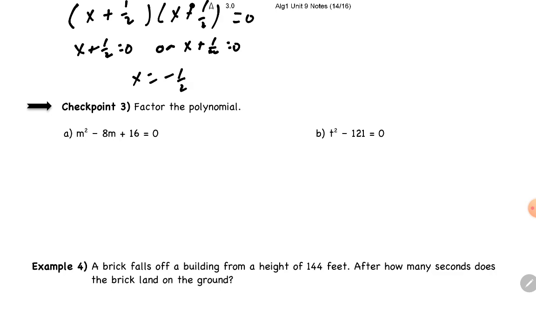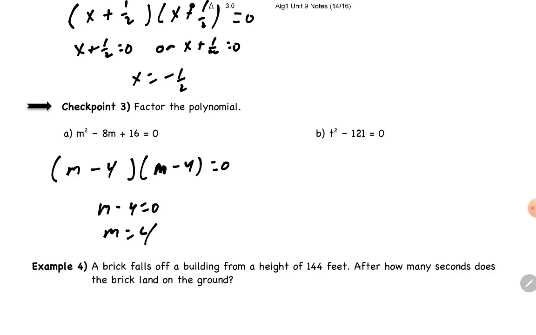Alright, let's factor out some more polynomials. Okay, two numbers that multiply to positive 16 and add up to negative 8. That would be negative 4. Since we have it equal to 0, we set m minus 4 equal to 0, and we'll get m equals 4. t squared minus 121. That follows this format, a squared minus b squared.